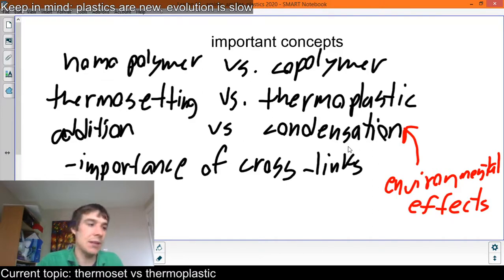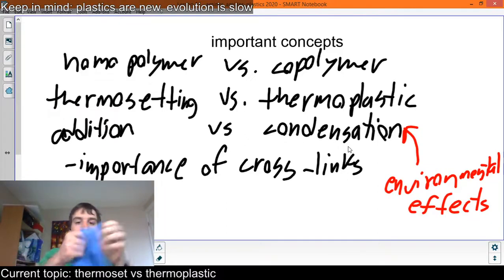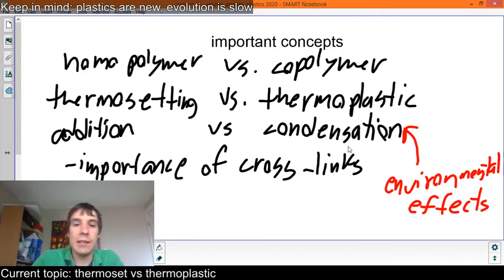But even then there are condensation polymers like nylon, like this microfiber cloth, which is polyester and nylon, both of which are condensation polymers, but they're not biodegradable. So it's not a be-all end-all, but it's more likely that a condensation polymer will be biodegradable. And we talk about the importance of crosslinks in plastics because it turns it into a net instead of a chain, makes it a lot stronger.